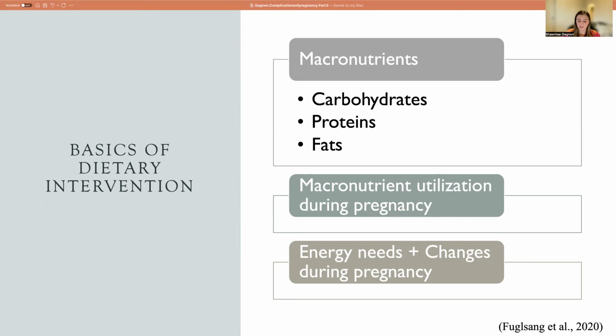Simple carbohydrates, these would be things like fruits, vegetables, candy, juice, raise blood sugar more rapidly and more drastically than complex carbohydrates do. The recommended carbohydrate daily intake in general is 50 to 60% of your calories coming from carbohydrates. But this is associated with excess adipose tissue.